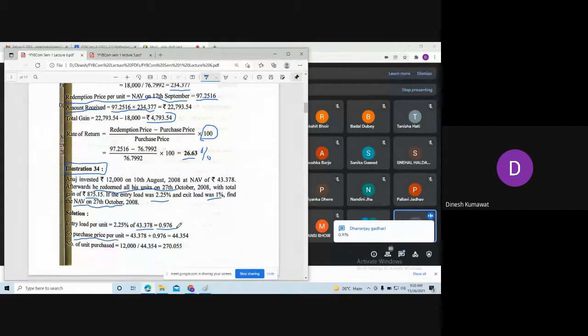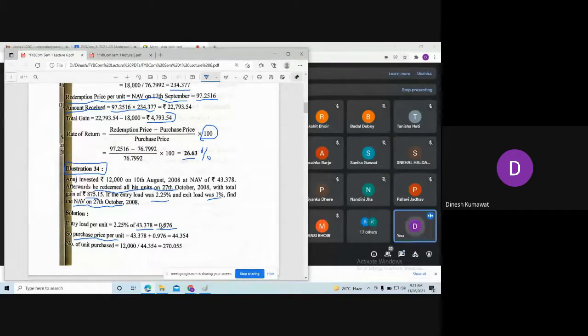Okay, so Dhananjay is getting the same. What about others? Okay, so Pooja is also getting the same.